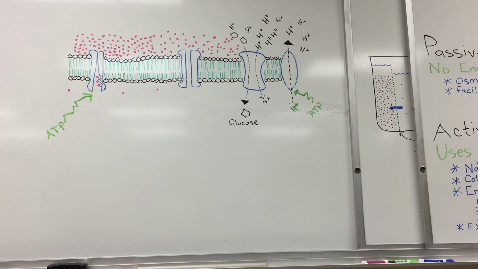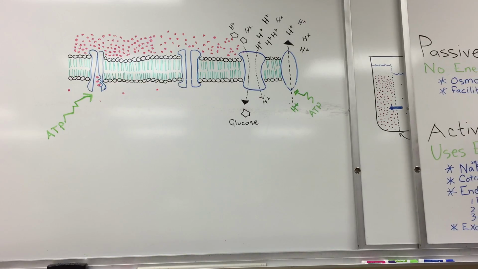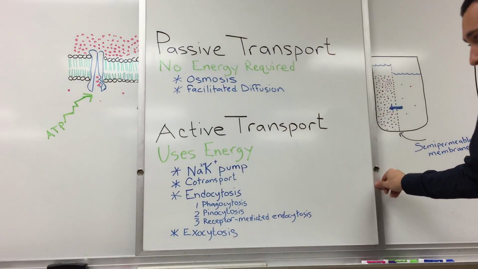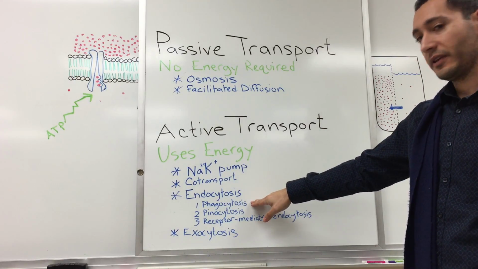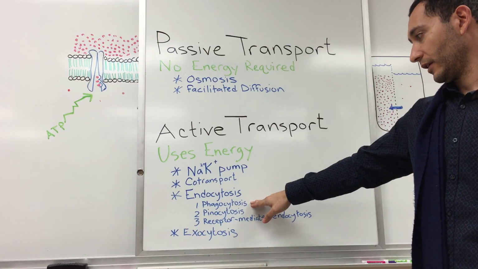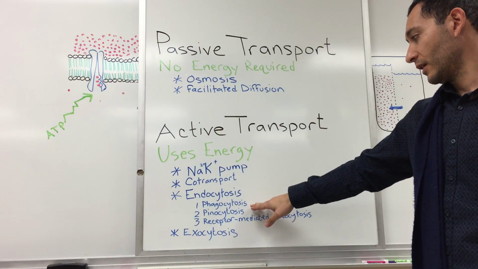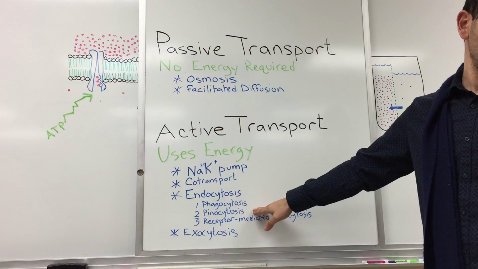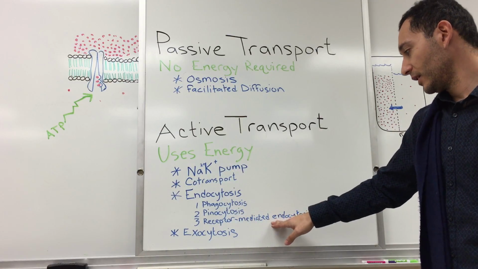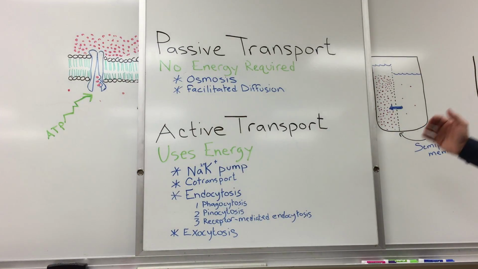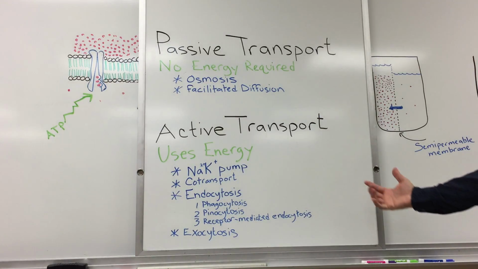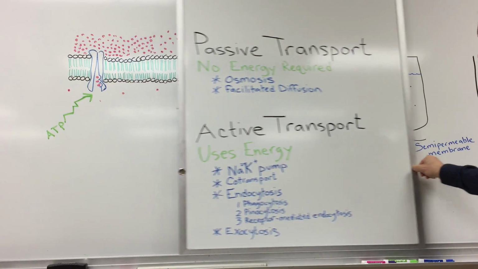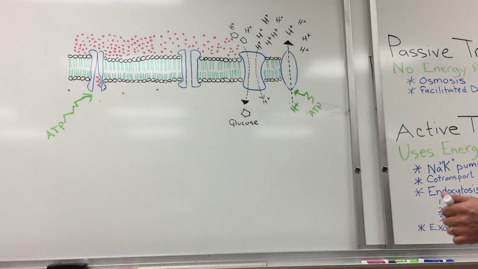There are three types: phagocytosis, pinocytosis, and receptor-mediated endocytosis. Phagocytosis is eating, engulfing large molecules. Pinocytosis is drinking, cellular drinking, and receptor-mediated endocytosis is taking in molecules but also requires some sort of receptor to allow the molecule to get in.